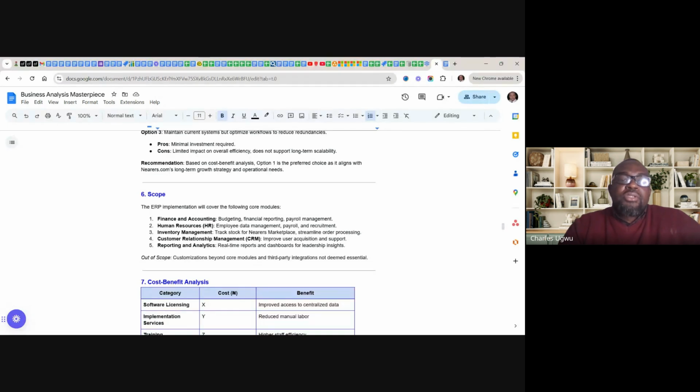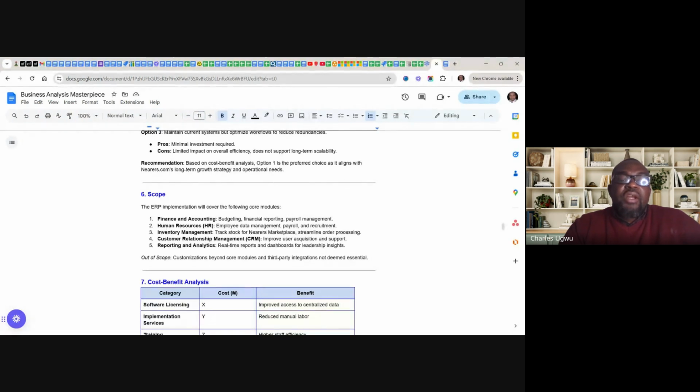But in so many cases, you can choose, because the more modules you choose, the more money you pay. So you can choose to have only finance, or only finance and human resources.